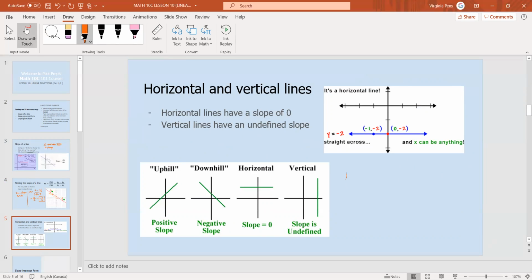The slope m is equal to rise over run. In a horizontal line, the rise is 0. The run is infinite, but whenever you have a fraction with the numerator 0, it's basically 0. So that's why the slope is 0.